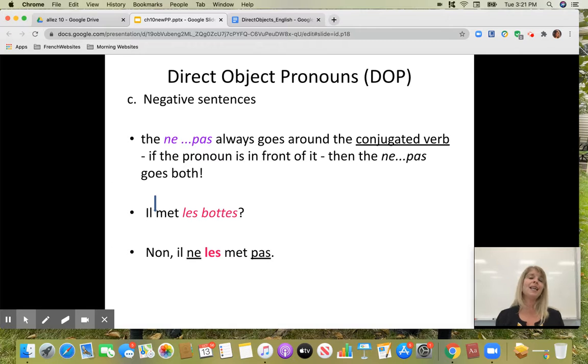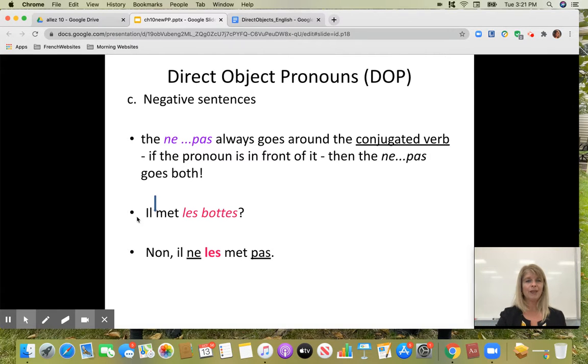What if the sentence is negative? Well, our rule is that the ne pas sandwich always goes around the conjugated verb. But our rule is that our pronoun goes in front of our conjugated verb. The pronoun gets the priority. It is going to go in front of that conjugated verb, which means if you have a ne pas sandwich, it's going to go around both.